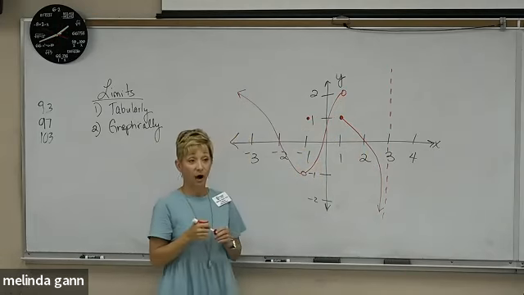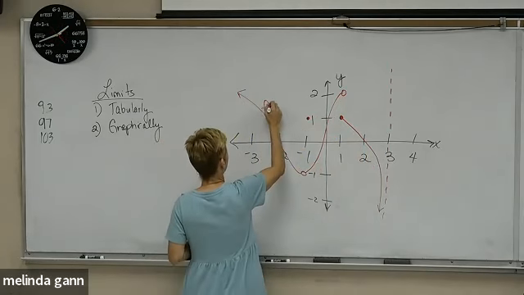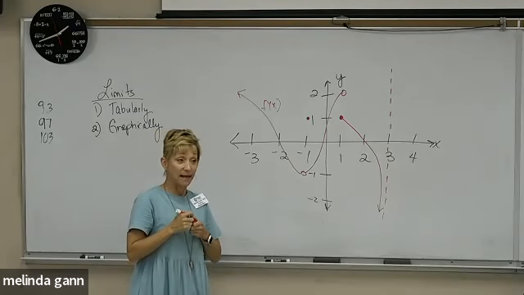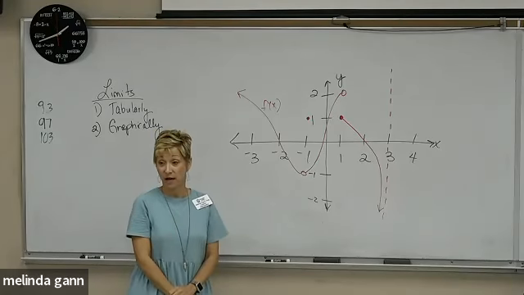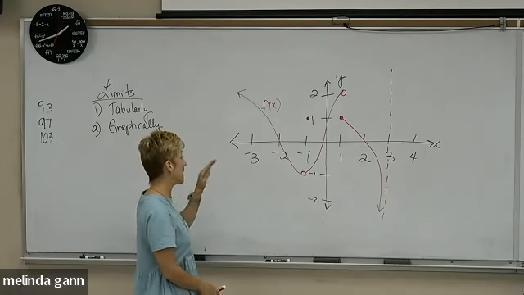So you no longer have the algebraic representation of your f of x. Your f of x is simply that picture. So you can't make a table because you don't have the algebraic representation.